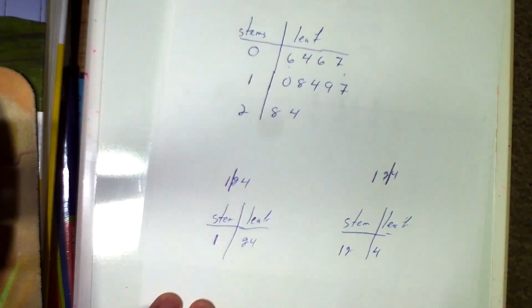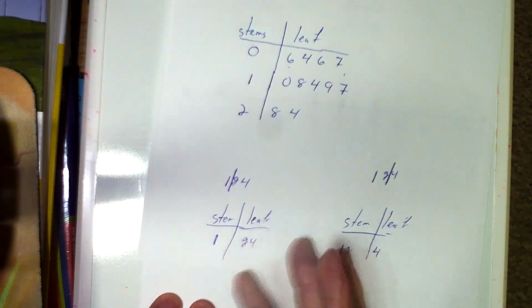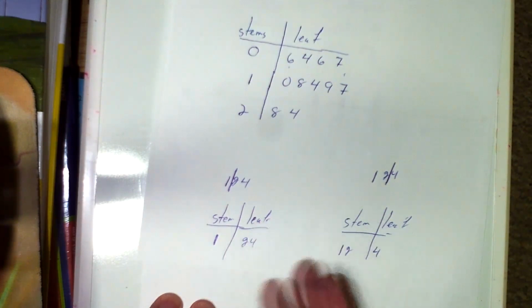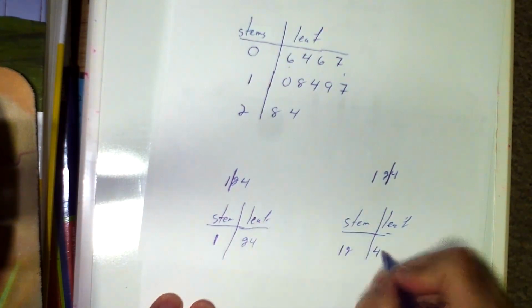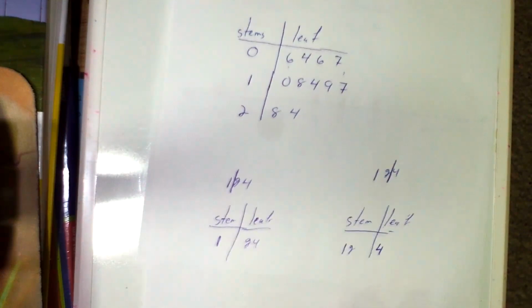Again, it's up to you how you want to separate the value. You can do it however you want, but you have to be consistent. Okay. That's if you have a 3-digit number. Okay, so that's a stem and leaf plot.